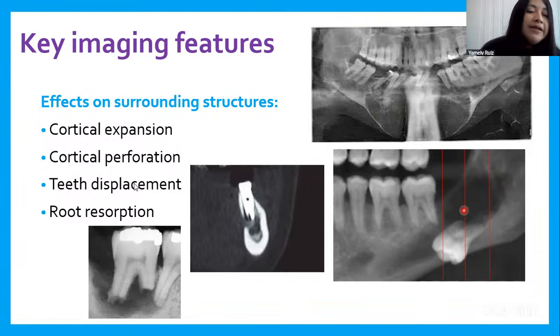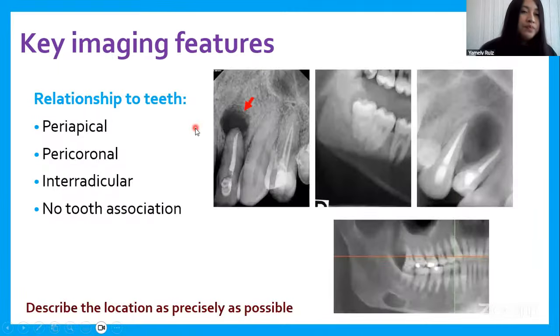And the other one is root resorption. Root resorption means that the root or the dental tissue is resorbed by the lesion. This is another very important characteristic because when we look for root resorption, sometimes it means that the lesion could be aggressive or maybe malignant. So these are the characteristics of the effects on the surrounding structures.